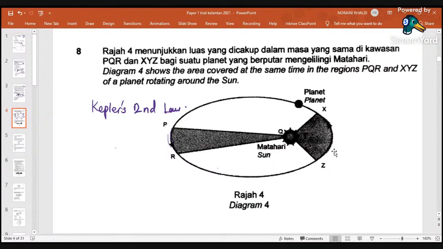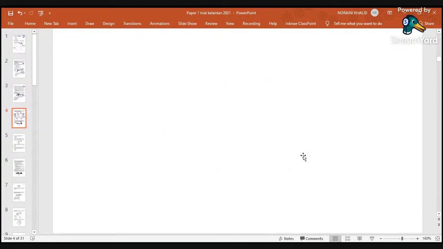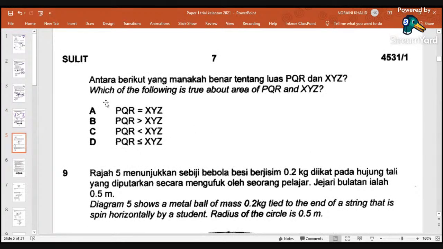Okay, so the area covered by PQR and the area covered by XYZ are equal because here it is mentioned same time. Which of the following is true about area PQR and XYZ? So you just apply Kepler's second law. It will give the same area for the same time taken.